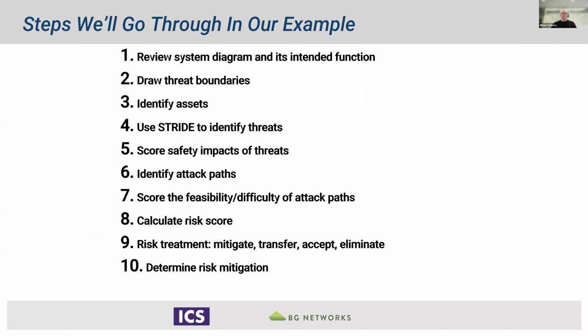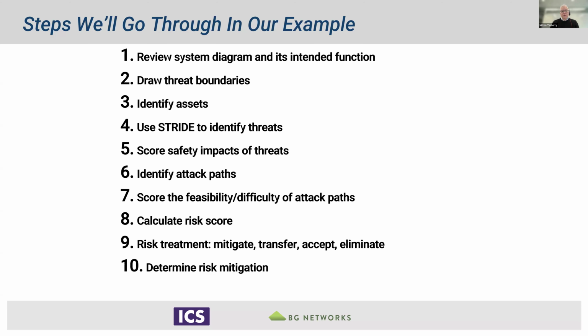All right, so the steps we'll go through in our example that Colin's about to do. A review of the system diagrams and intended functions, then a drawing of threat boundaries, and this is that diagram that pulls things together that I was mentioning.